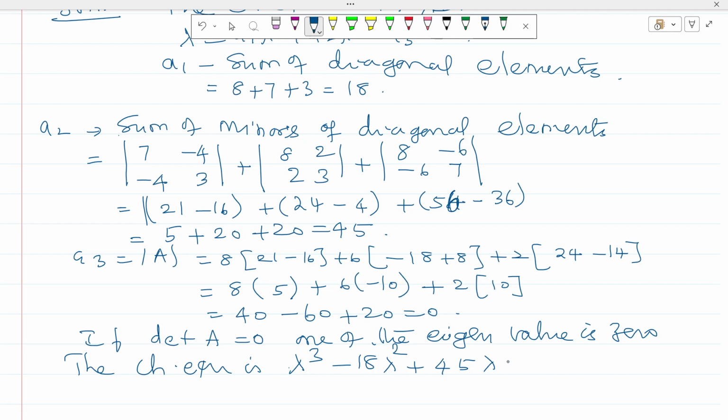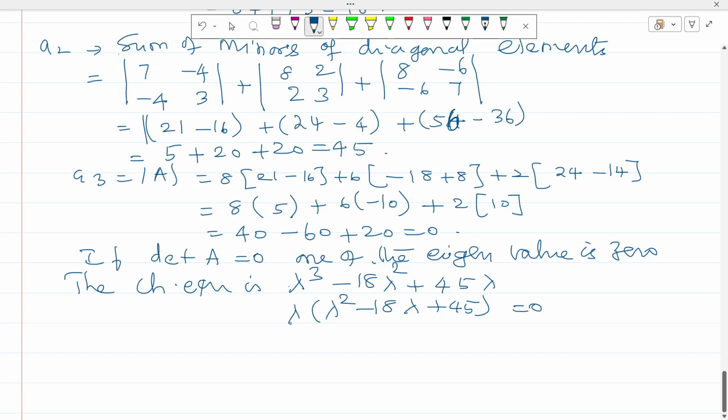A3 is 0. So if you take λ outside, λ² - 18λ + 45 = 0. Therefore either λ = 0 or λ² - 18λ + 45 = 0. If you solve this, the λ values are 3 and 15.